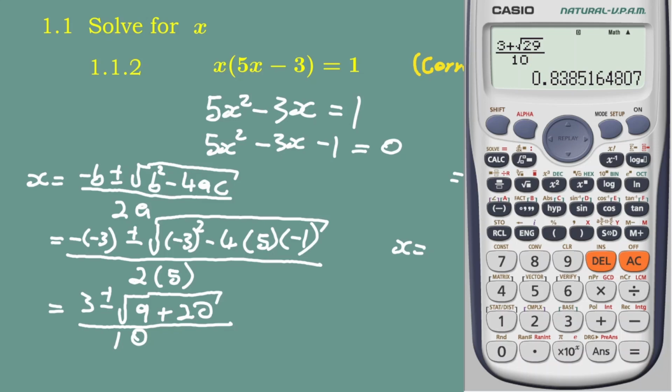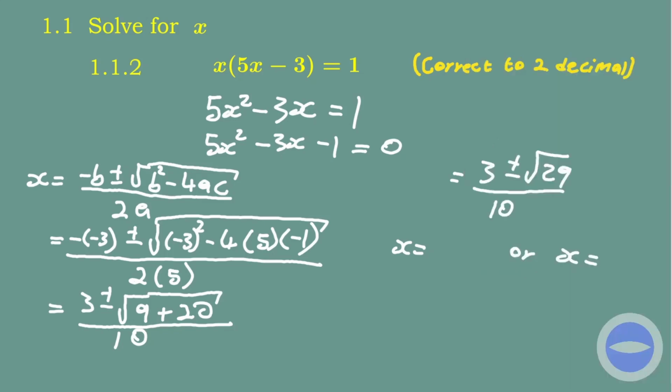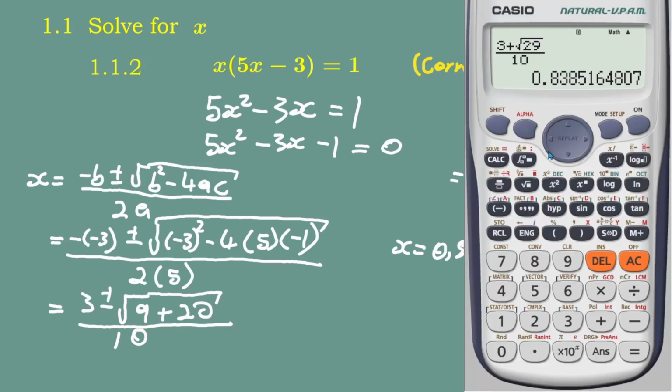Let me remove this calculator, which is 0.84. Then let me bring it again. So what I do, where there is positive, I will put negative.